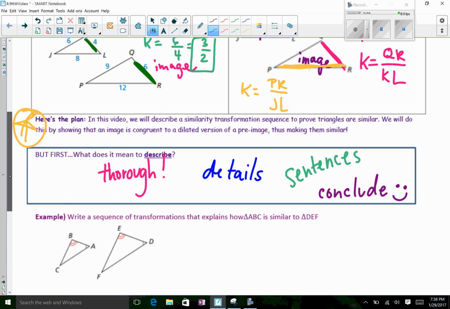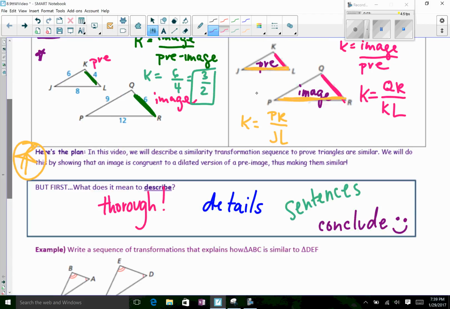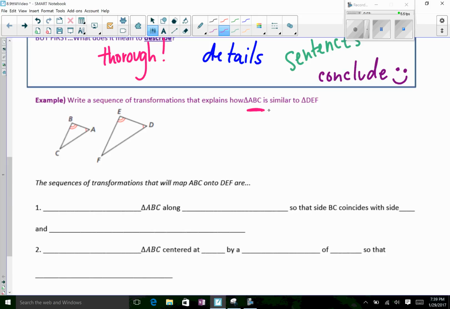So here's an example of a sequence of transformations. They want us to explain how triangle ABC is similar to triangle DEF. So if ABC is similar to DEF, I'll choose ABC to be the pre-image and DEF to be the image. So that way I know I'm moving this way to get triangle ABC to become DEF.